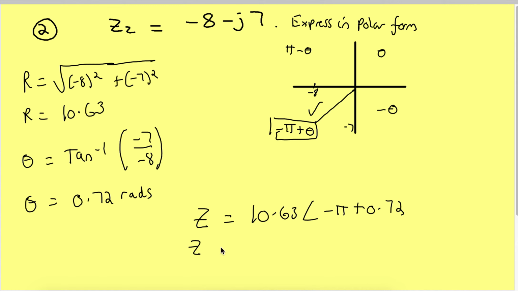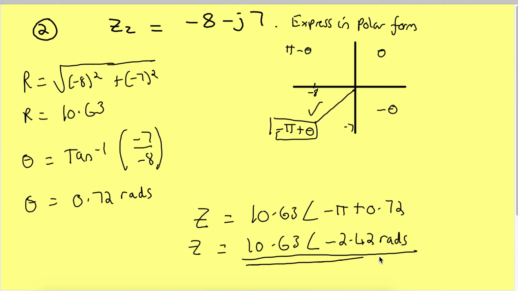You just work that negative pi plus 0.72 out. Negative pi plus 0.72 gives me negative 2.42. We're just going to say rads at the end. And that's us done.